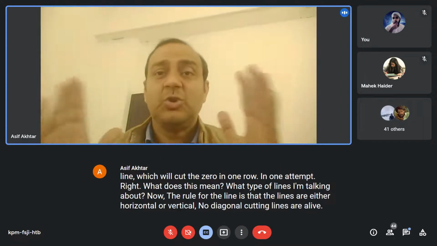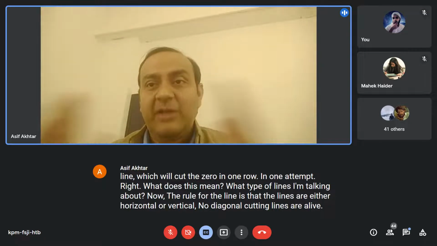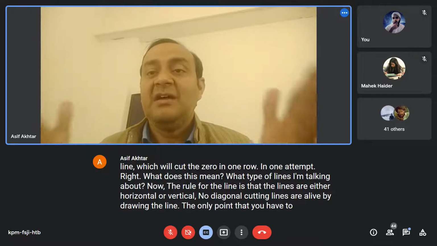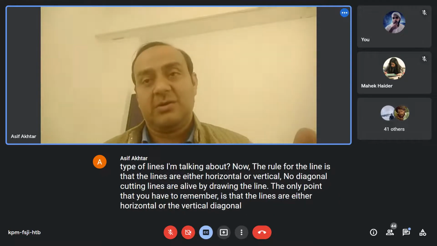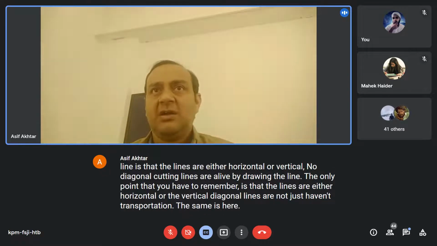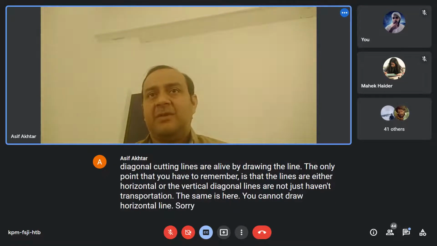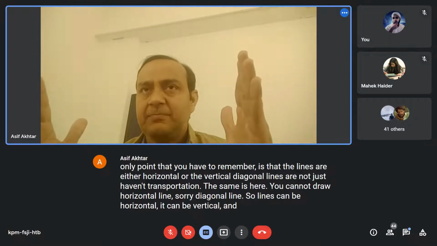So now what you have to do is cut the zeros that have come in the table by drawing the line. The only point that you have to remember is that the lines are either horizontal or vertical. Diagonal lines are not allowed. As you saw in transportation, the same is here. Lines can be horizontal, it can be vertical, and there is no diagonal line.